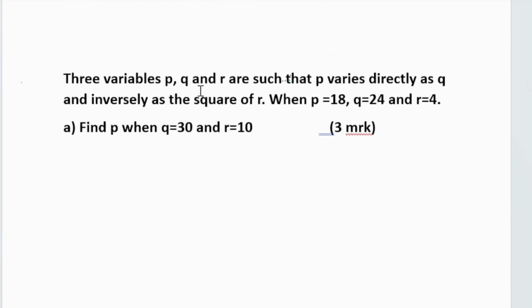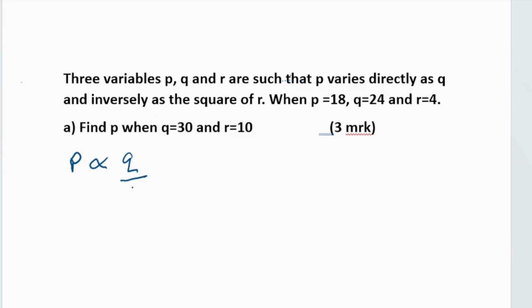Three variables p, q and r are such that p varies directly as q and inversely as the square of r.